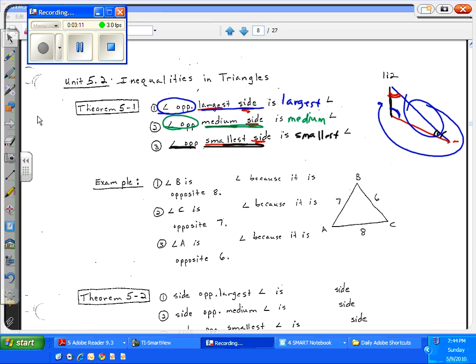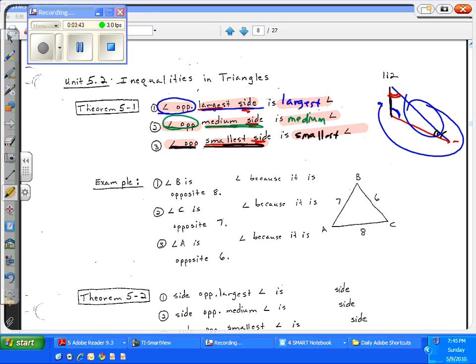That basically comes down to the fact that the angle opposite the largest side is the largest angle. The angle opposite the medium-sized side is the medium-sized angle. And the angle opposite the smallest side is the smallest angle.